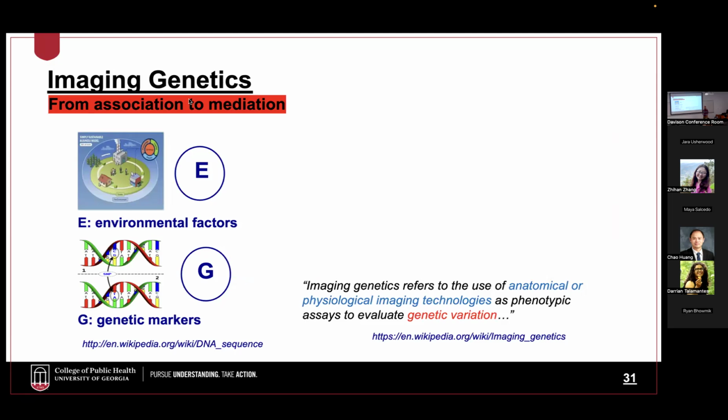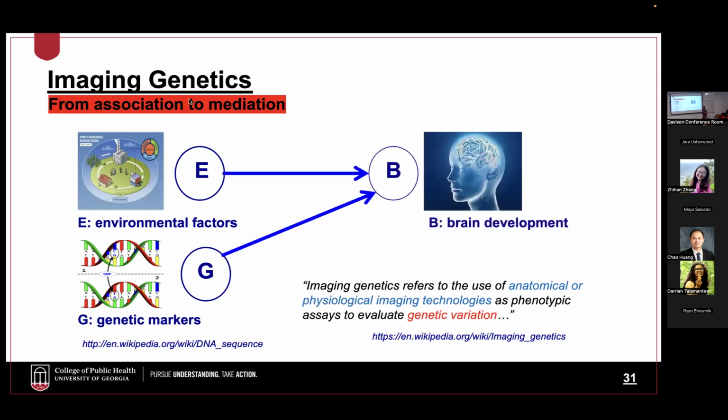But at that time, most people were working on association studies, like GWAS or other kinds such as TWAS or EWAS. We have genetic markers and environmental factors. What we want to do is different from traditional association analysis.